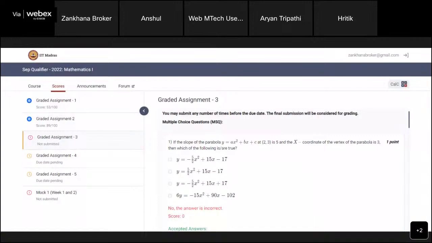So you will have 2x square plus 3x plus c, that way, is equal to 5. No, I'm talking about the second condition: the x coordinate of the vertex of the parabola is 3.